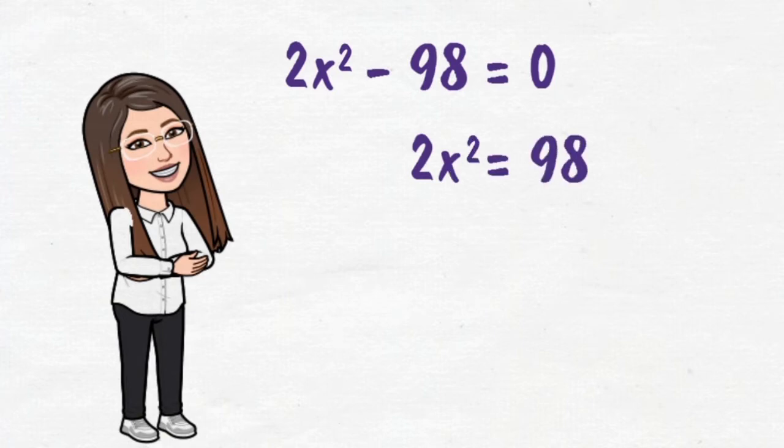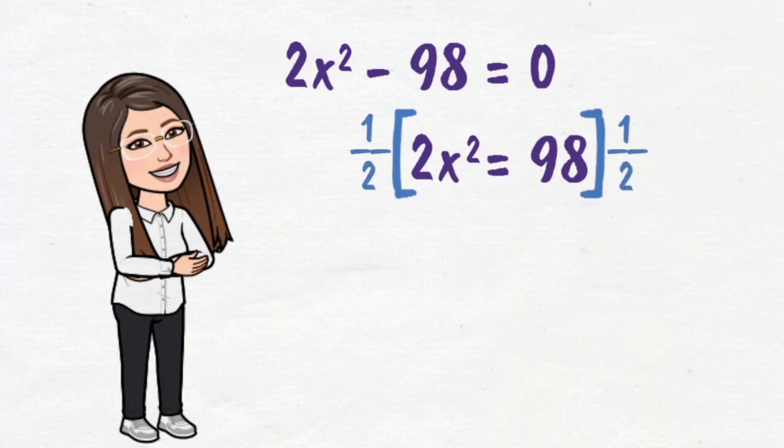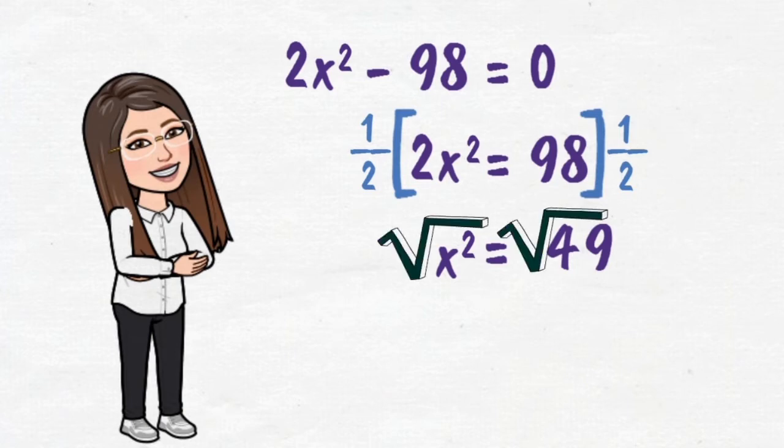After that, we multiply the equation by the multiplicative inverse of 2, which is 1/2. From here, we will arrive at x squared equals 49. We now apply the square root property. And there you have it. The solutions of the quadratic equation are positive and negative 7.